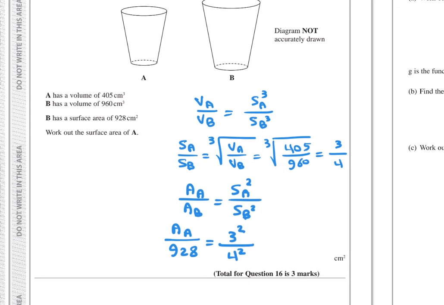Then cross multiply. So area of A equals 3 squared times 928 divided by 4 squared, which equals 522 centimeters squared.